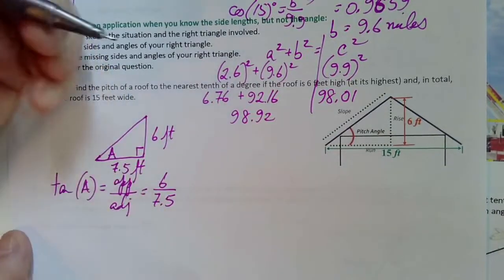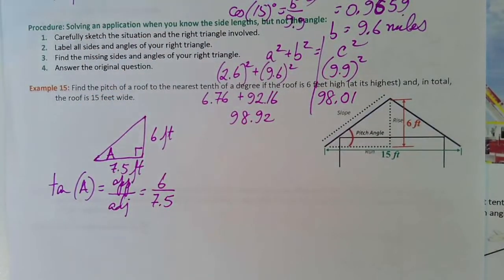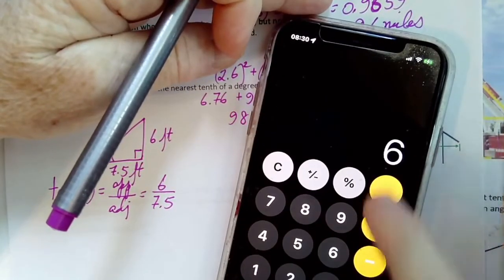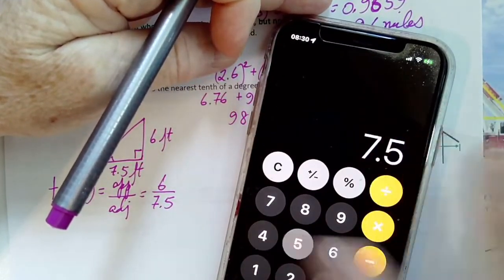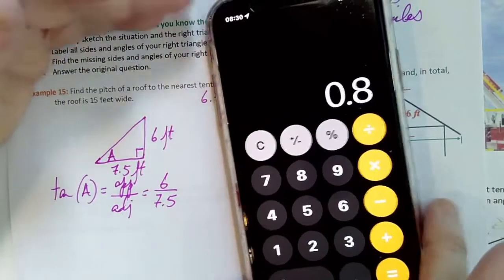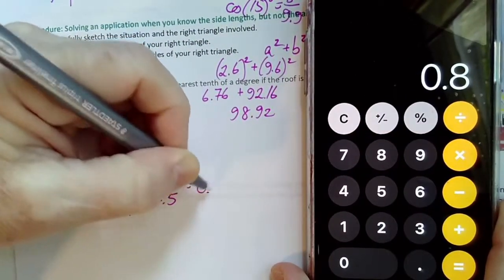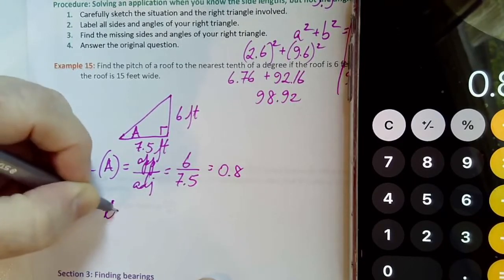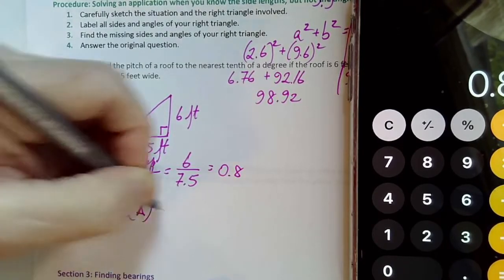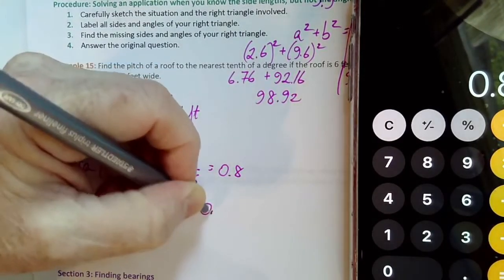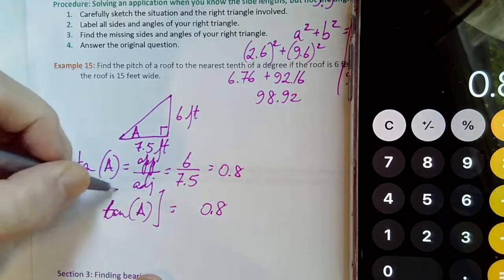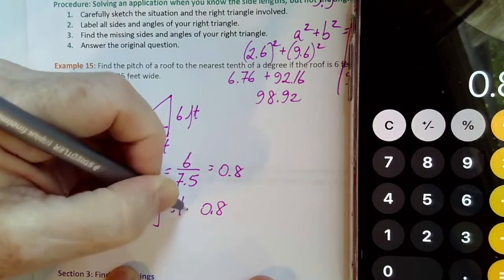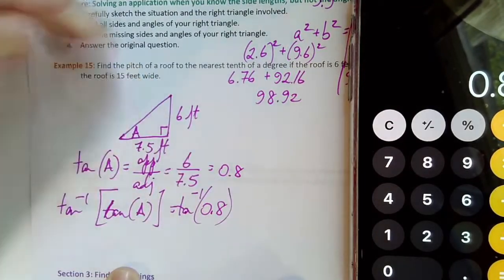7.5. And let's see what 6 divided by 7.5 is. I get 0.8. So I've got that the tangent of A is 0.8, and I want to take the inverse tangent of both sides.